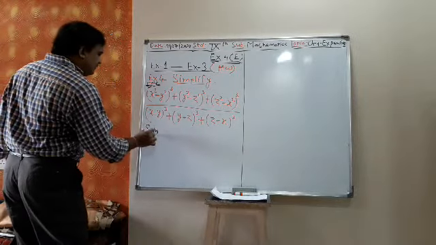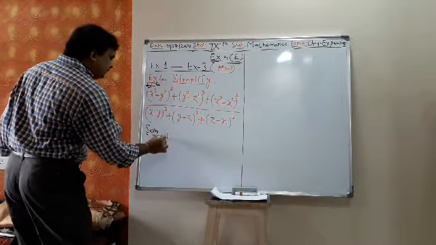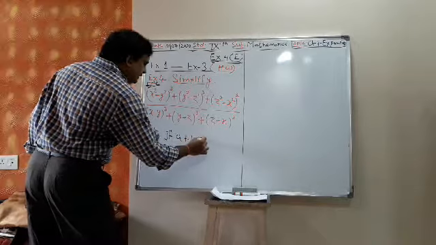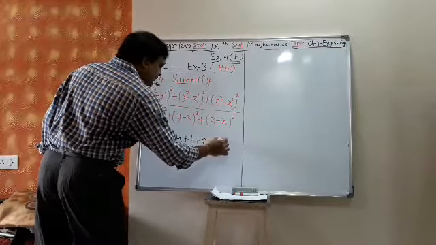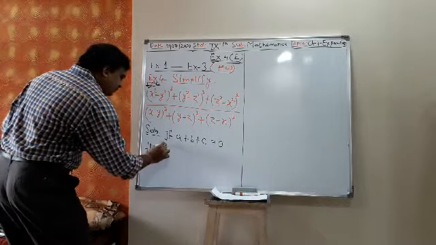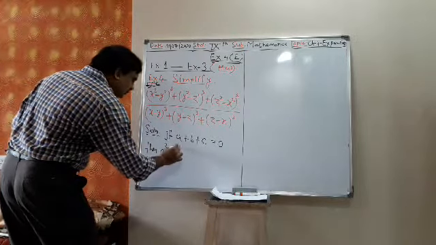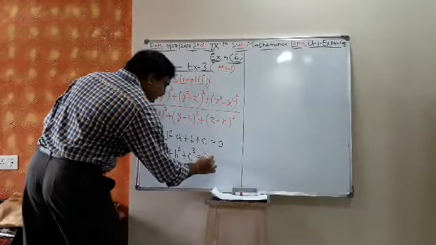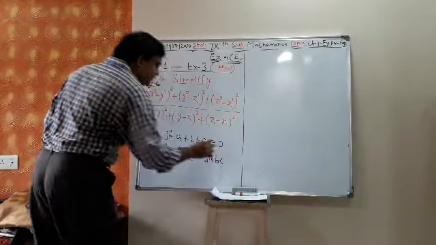In this I will use the result: if a plus b plus c is 0, then a cube plus b cube plus c cube is equal to 3 into a into b into c.